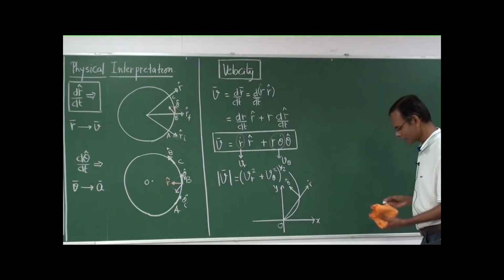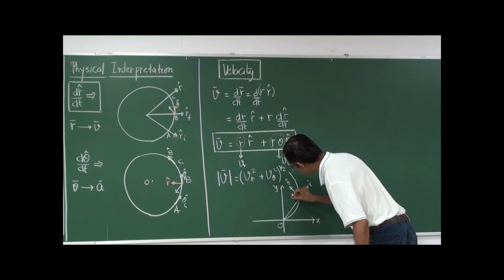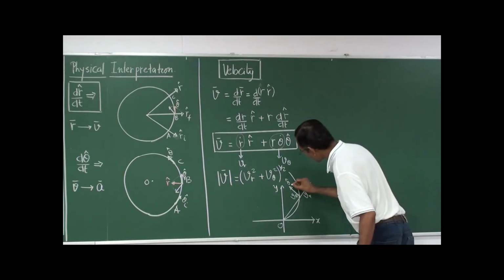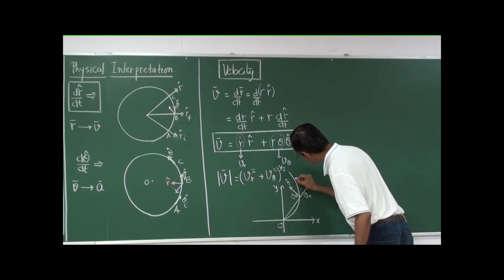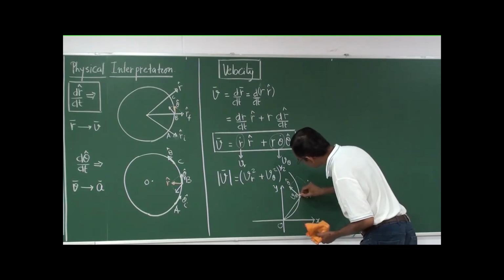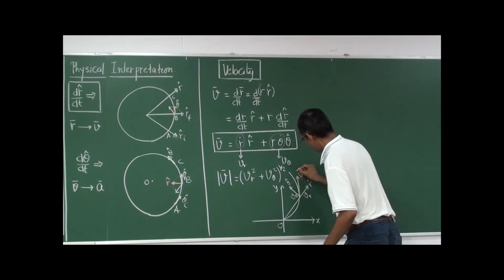This is your V r, and this is your V theta. When you add them up using vector addition, this is the resultant you get, which is your V vector.